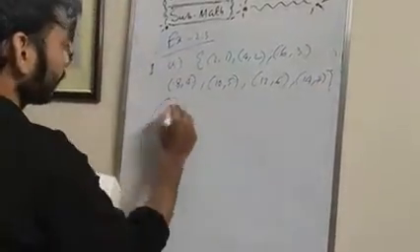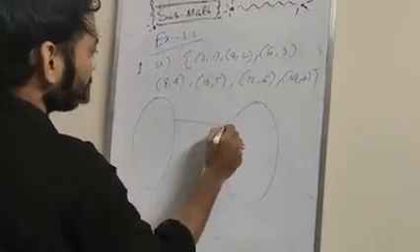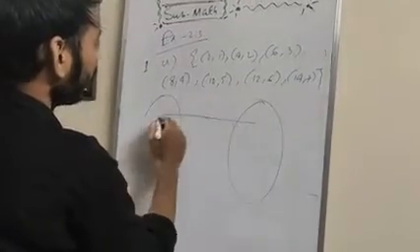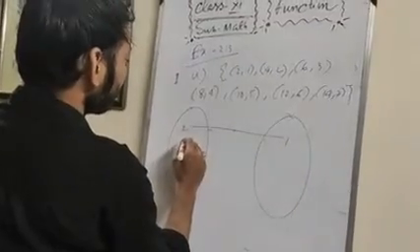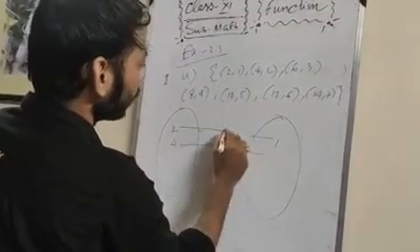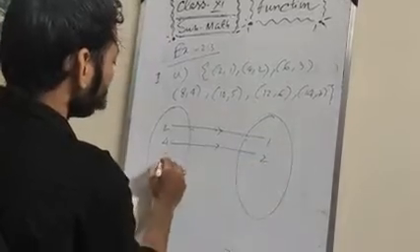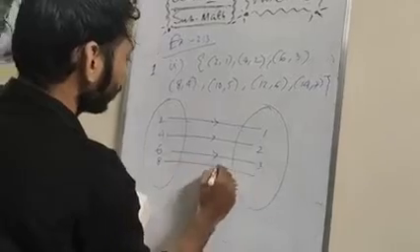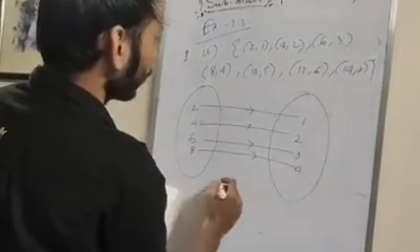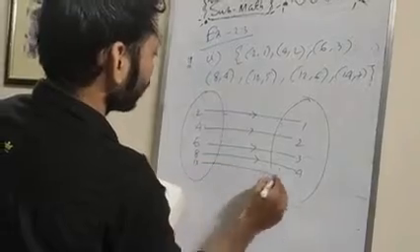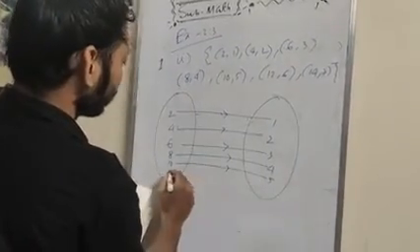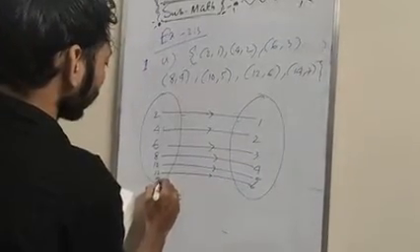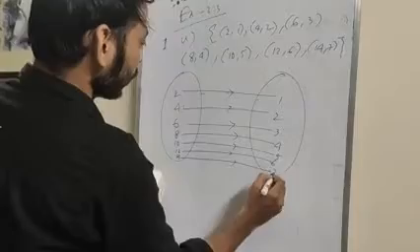So 2 goes to 1, 4 goes to 2, 6 goes to 3, 8 goes to 4, 10 goes to 5, 12 goes to 6, 14 goes to 7.